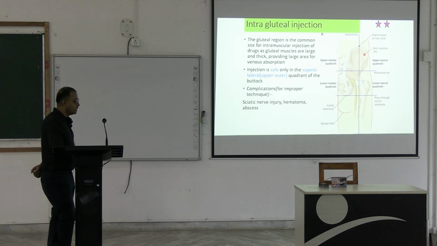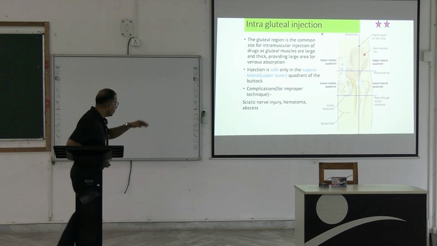So intragluteal injections need care. It should be given in the superolateral compartment, the upper and outer quadrant, which is the best one. If not, we can give into the lower outer quadrant, but we cannot go inside of it.